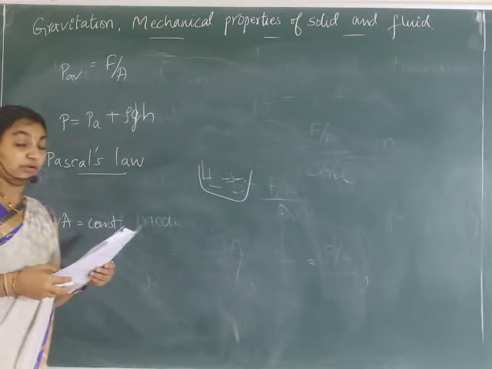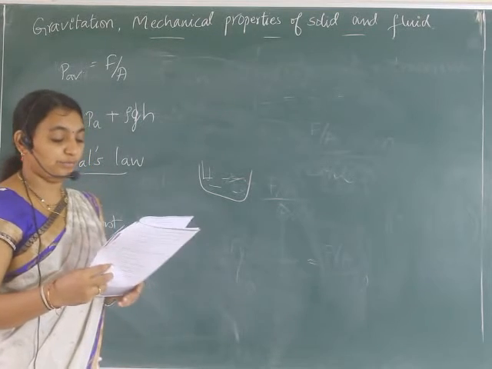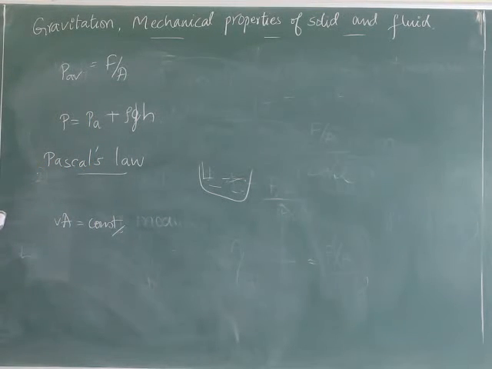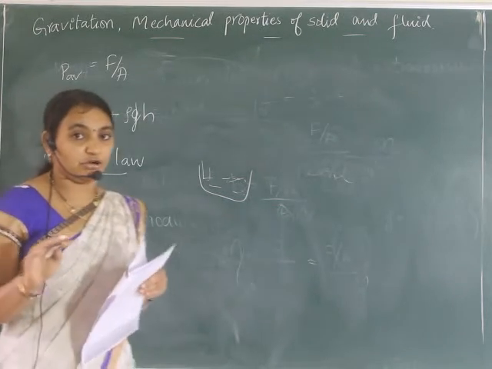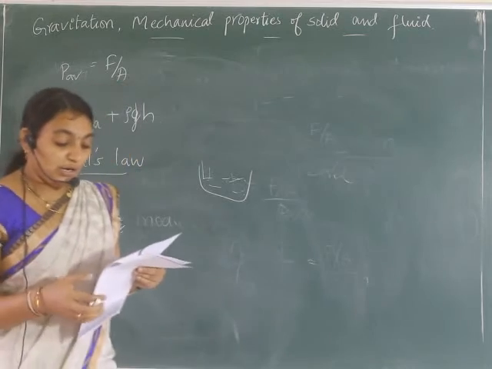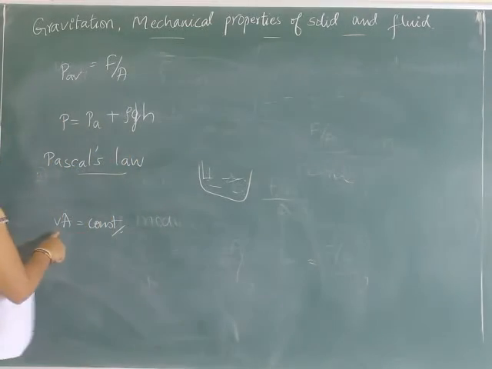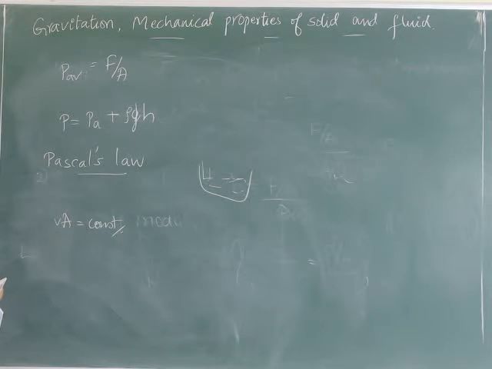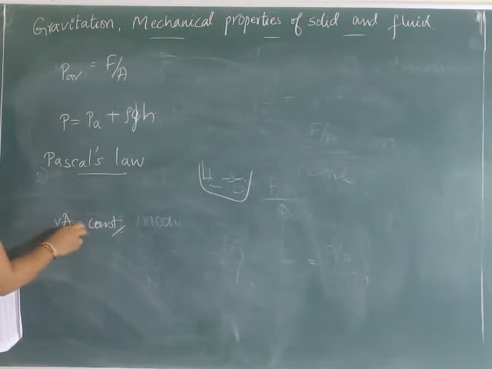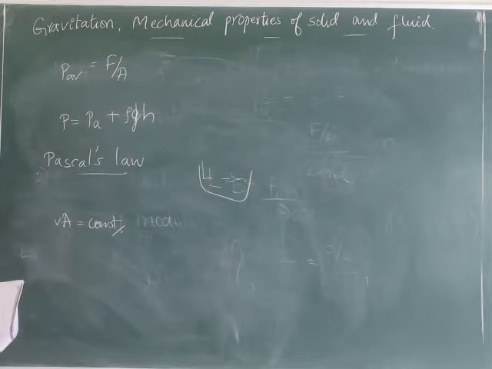So for an incompressible fluid, the volume passing through any cross sectional area per second is steady. That is VA is equal to constant: velocity into area of cross section should be equal to constant for an incompressible fluid.